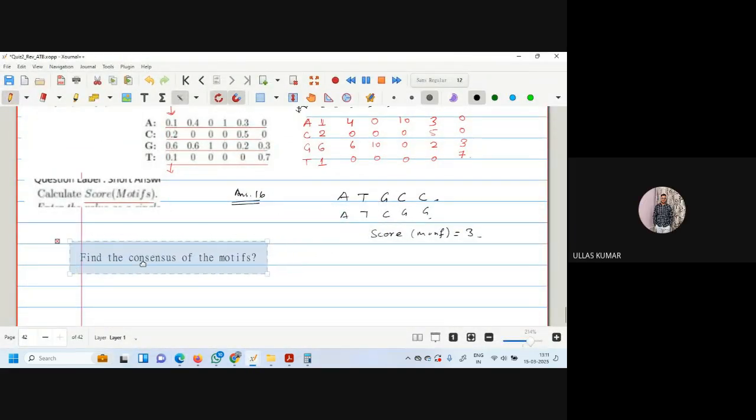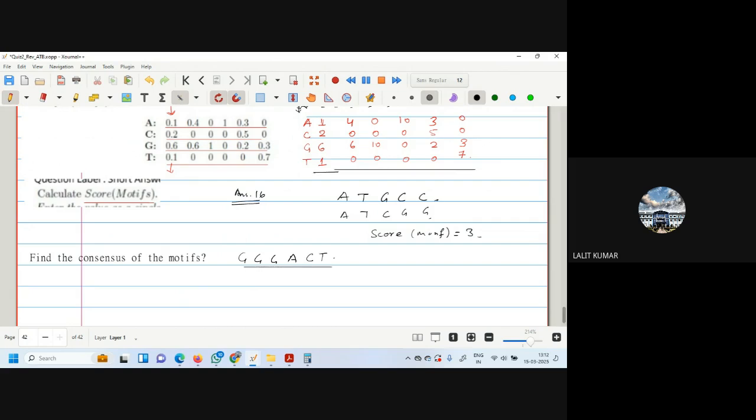So G, G, G, A, C, T. The consensus you take is the maximum. But now, shall we try to find the score with respect to this? Can we do that?